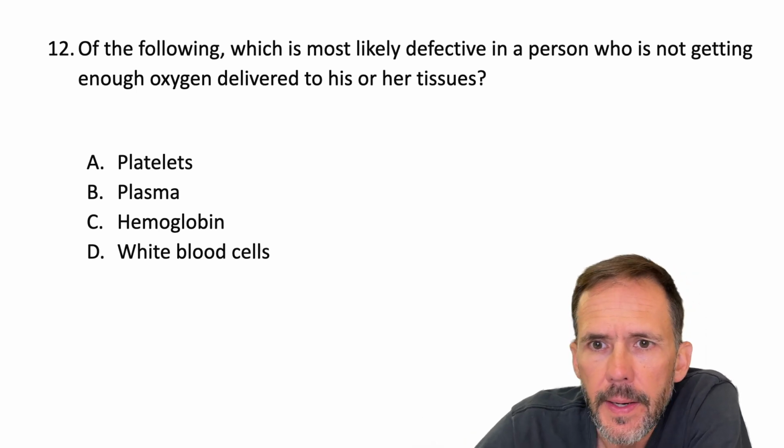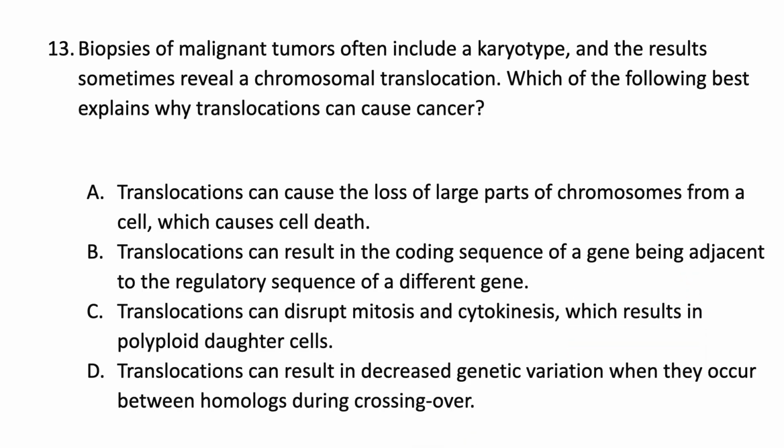All right. Biopsies of malignant tumors often include a karyotype, and the results sometimes reveal a chromosomal translocation. Which of the following best explains why translocations can cause cancer?